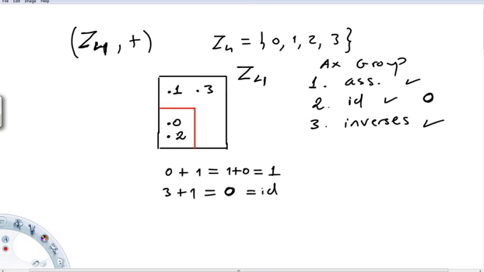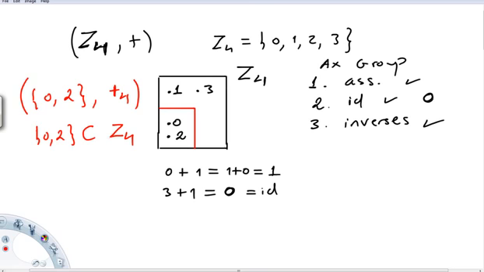Now, what if I take a set with only these elements 0 and 2, and I keep the same operation, modulo 4? Okay, so I take a subset, because 0, 2 is a subset of this Z4, right? So I take a subset and I take the same operation.